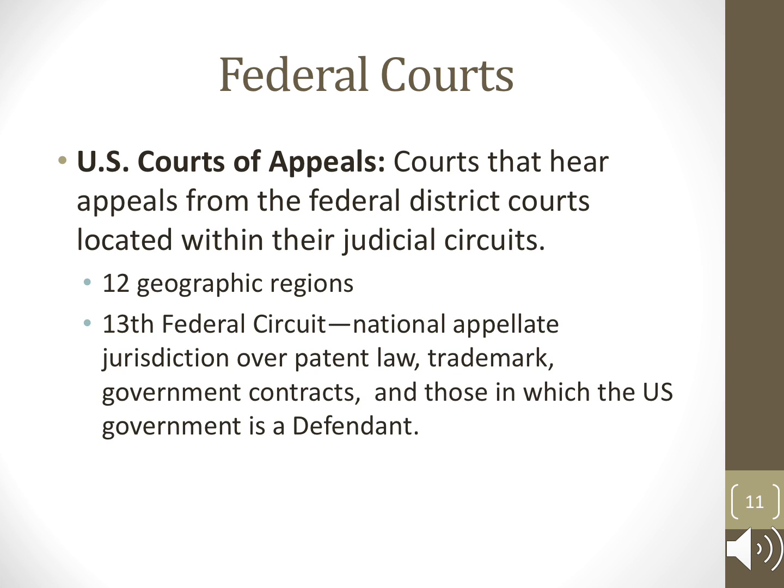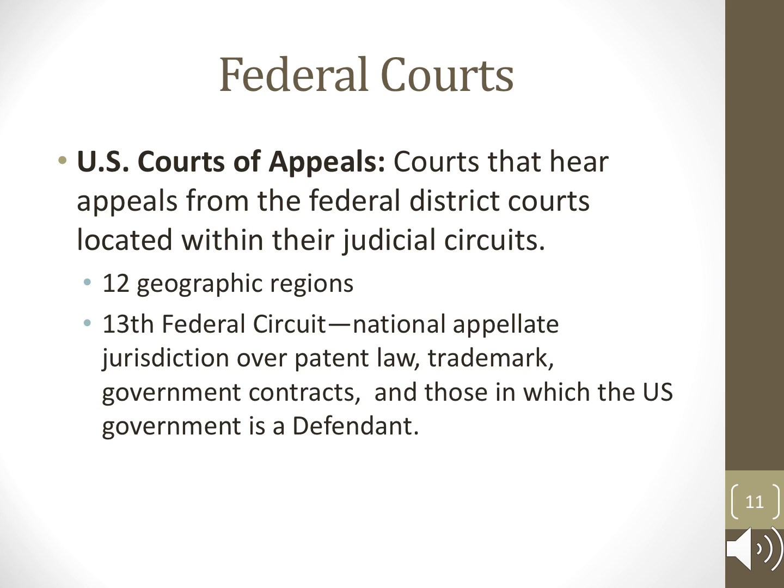The next level up in our federal system are these U.S. Courts of Appeals. So after that case goes to U.S. District Court, if the loser of that case wants to appeal, they will appeal to the United States Court of Appeals. So they hear appeals from federal district courts that are located within their judicial circuits.